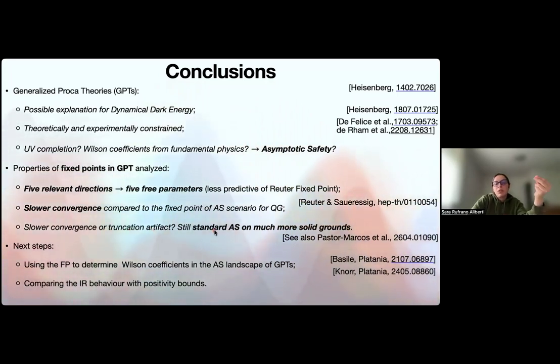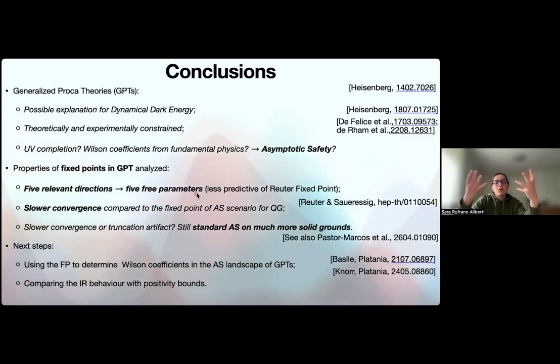Actually, the only thing that we can say is that standard asymptotic safety is still on much more solid grounds. And in particular, if you are interested in the topic, I would also suggest this paper published by the Heidelberg group here, which came out a few months after our paper, but it's on the same topic. So I kindly suggest you read this one also.